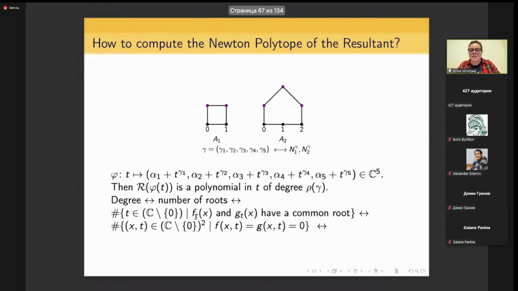And how many times does that happen? With multiplicities, it happens as many times as the corresponding system, viewed as a system of 2 polynomials and 2 equations, has roots.